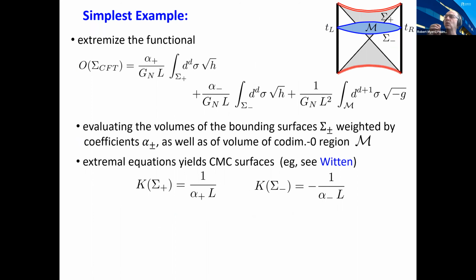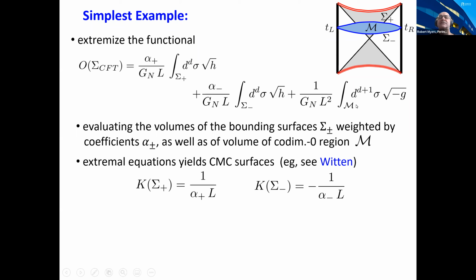I just want to give one simple example. In this one, I'm evaluating the volume of the top, the volume of the bottom, and the volume of the bulk, and I'm adding them together, but I've added extra coefficients to weight the boundary terms relative to the bulk term.